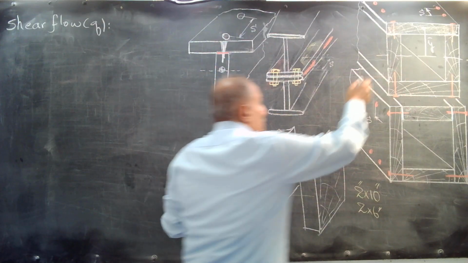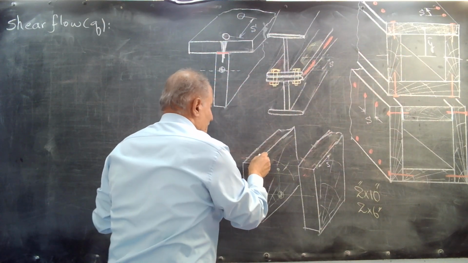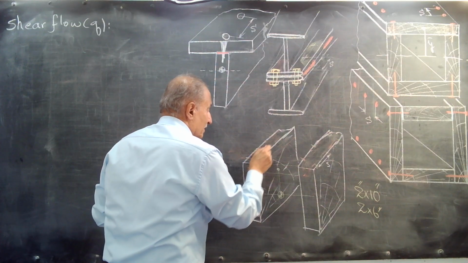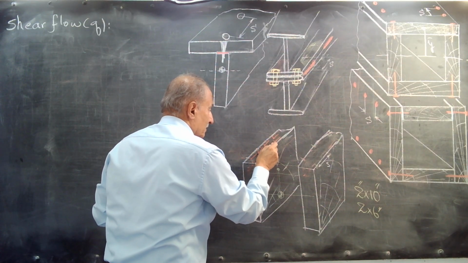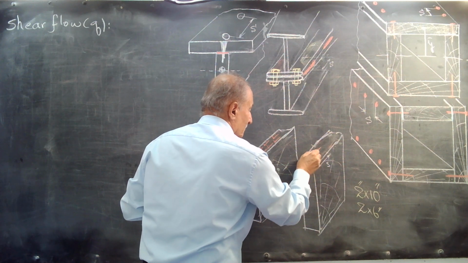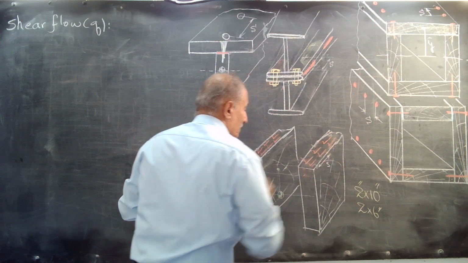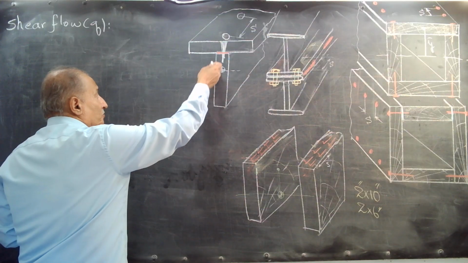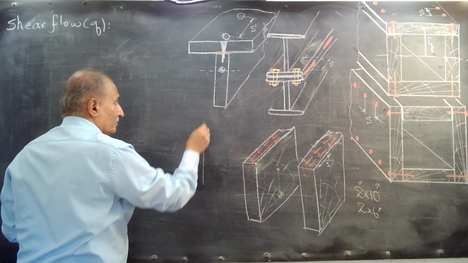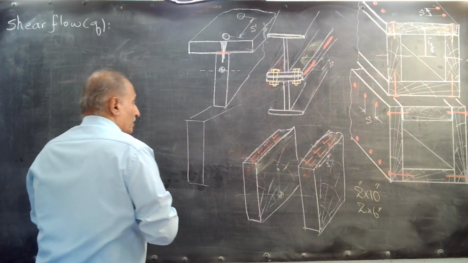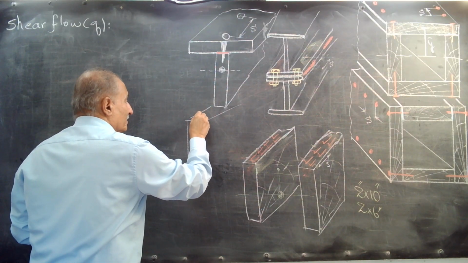For example, for this one, the horizontal shear stress is here. If I show the lower part, which is easier because I can see the surface, this is the horizontal shear stress.